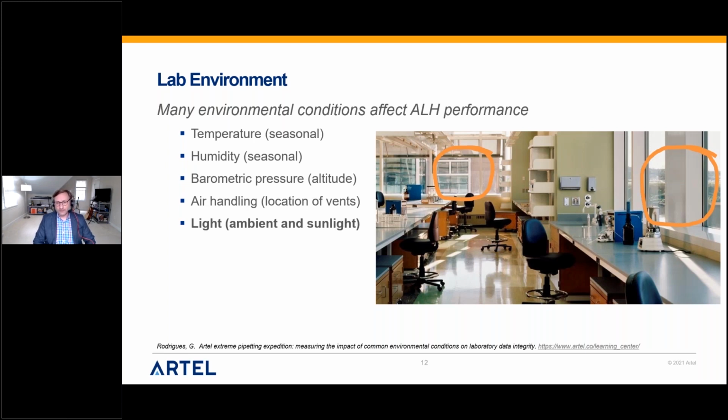We all know this, working in a lab, if you have exterior windows, the sun can start heating things up. So again, be aware of that. A lot of times people like to put automated liquid handlers either in the center of a lab where they don't have that direct exposure, or on a windowless wall. I've seen so many cases of this being botched, and it's a real thing. Or you could put up window screens.